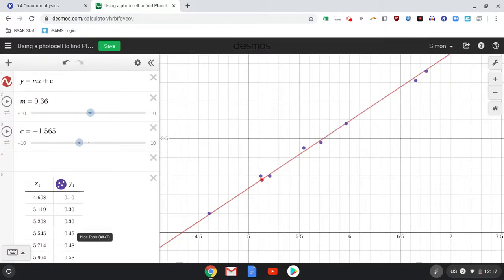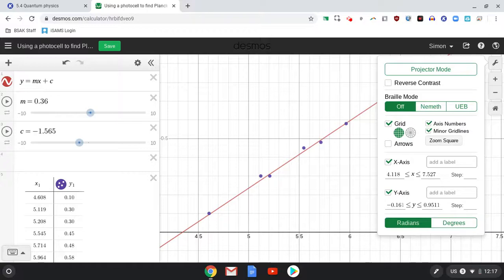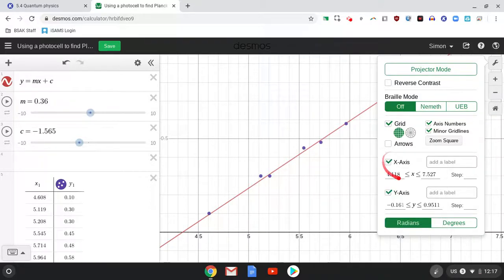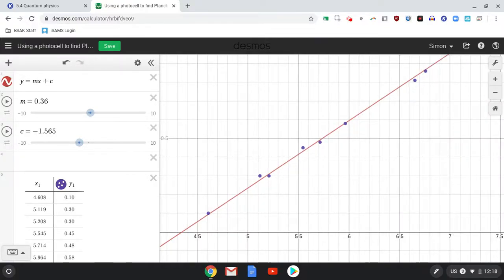Now, these perpendicular distances of the points to the line have to be minimized as much as possible. To zoom in on each axis, go into settings, the spanner symbol, and you can alter the range on the x-axis and the y-axis, and it will scale accordingly so that it spreads out.